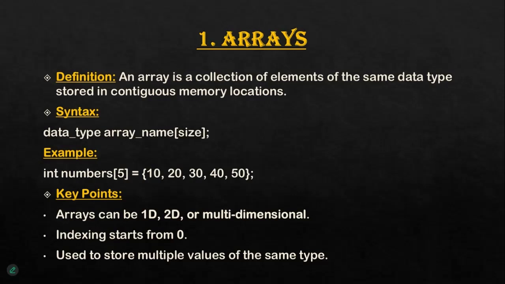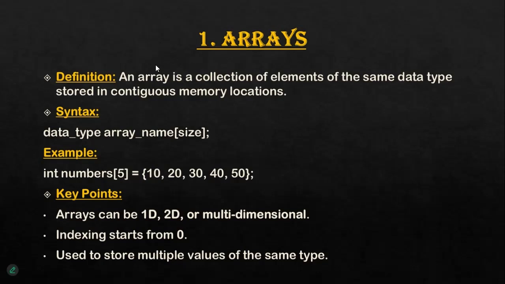In computer memory, data is stored in a sequential manner, next to each other. This is called contiguous memory locations, a type of memory allocation where data is stored in a sequential and uninterrupted manner in the system's memory.